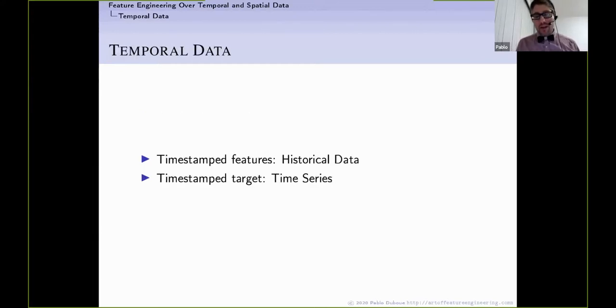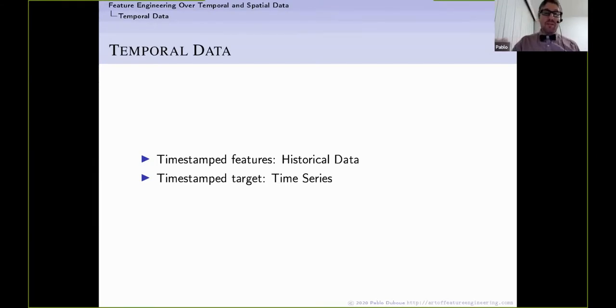Now, for temporal data, there are two big sources of temporal data. One is time-stamped features, so historical data. You have a certain target function, and you have features for that target function from the past. And the second one is time-stamped target, with a time series.